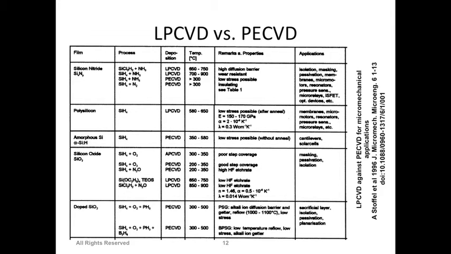But if I ask you to choose an option of gases which can be used for silicon dioxide deposition in an LPCVD process, for example, and I give you options: SiH4, SiH4 plus O2, and SiH4 plus NO2, for example.